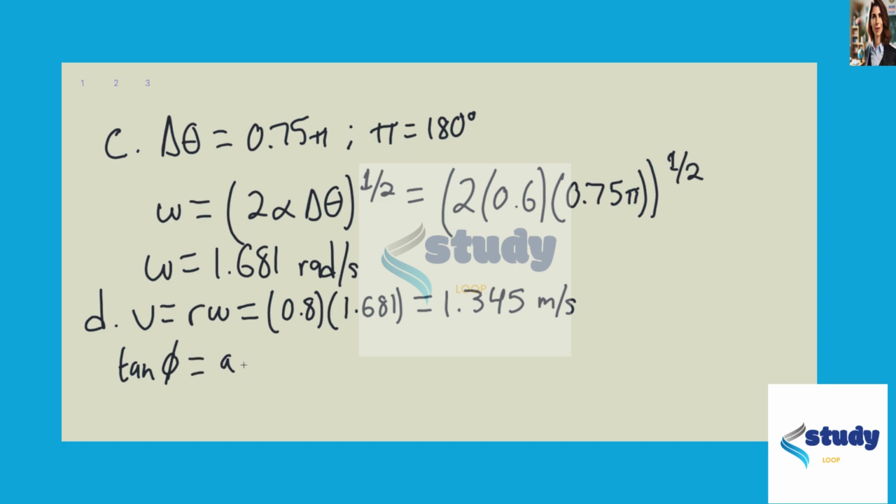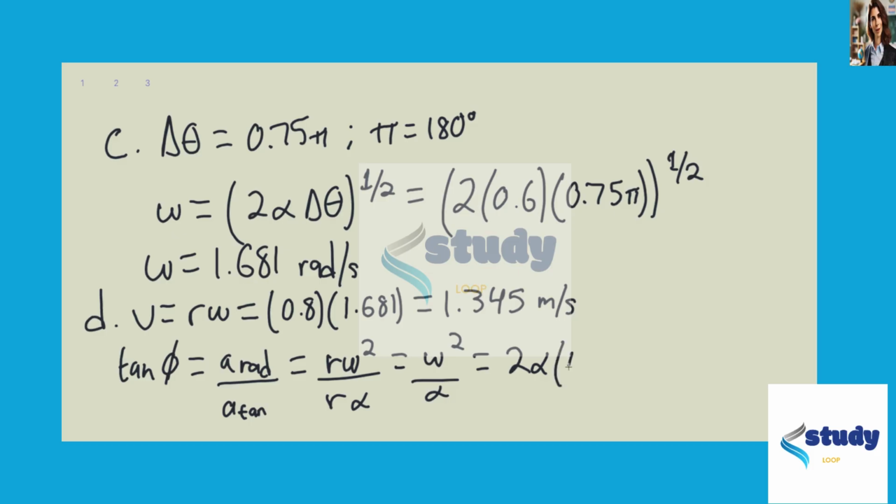And this is simply the radial acceleration divided by the tangential acceleration. We can find this to be r omega squared over r alpha, which is simply going to be omega squared over alpha, or 2 alpha delta theta over alpha, 2 times delta theta.